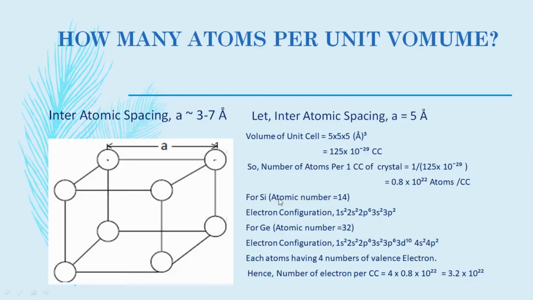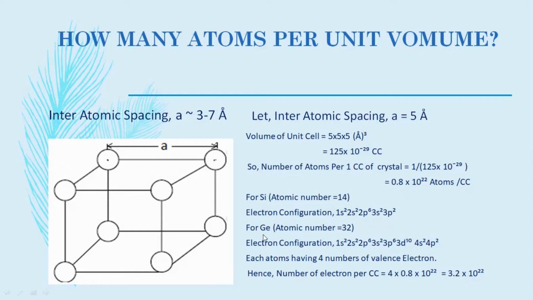Fine. Now let's consider silicon atoms. Let's consider silicon atoms having electron configuration like this. The outermost orbit is the third orbit, that is the K, L and M orbit. So this M orbit has 2 plus 2, 4 valence electrons.